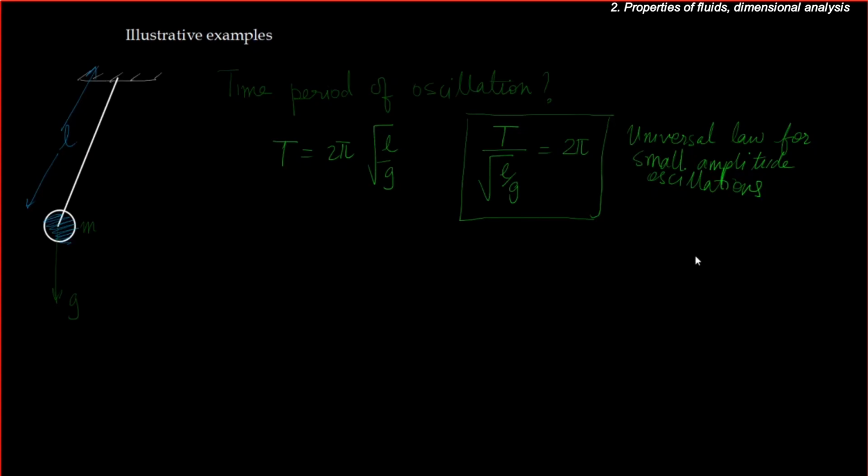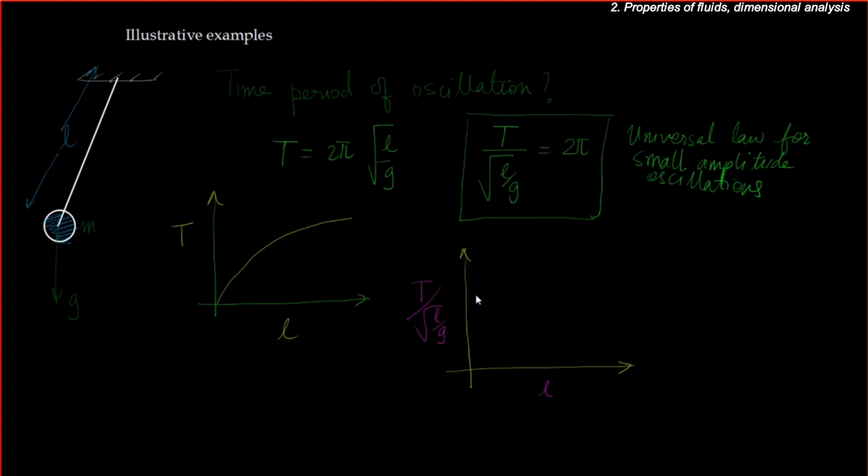They are displaced by a small amount, meaning that it's a simple harmonic oscillation in which sin theta equals theta. So essentially, if we take many such pendulums, we take various kinds of lengths, we can repeat the same experiment on Mars, on the moon, and you'll always find that T upon square root of L by g will be equal to a constant, and in this case it will be 2 pi.